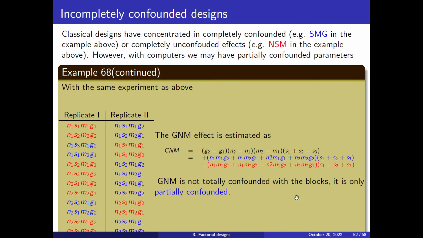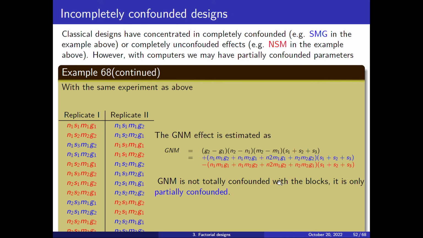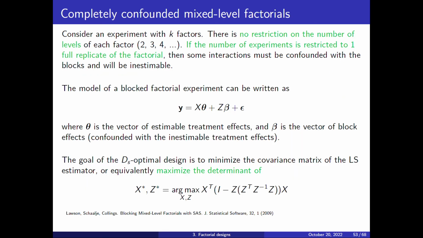So the classical designs have concentrated on completely confounded blocks or factors. So for instance, SMG is completely confounded here, or completely unconfounded effects. So NSM was completely unconfounded. But now with computers we may have partially confounded parameters.